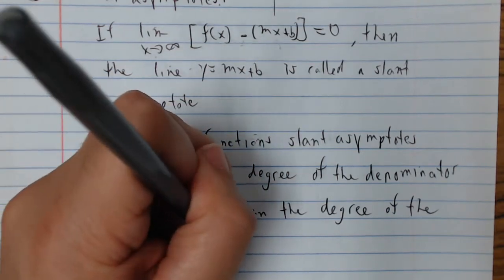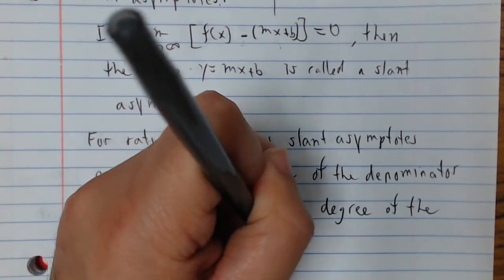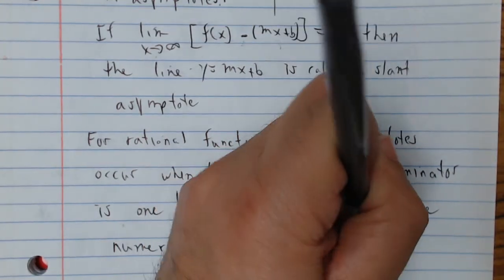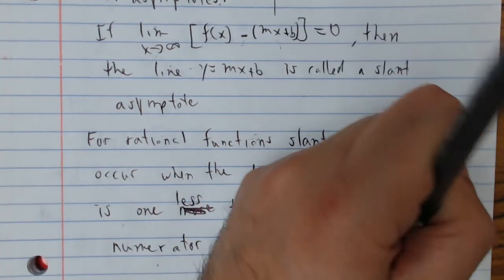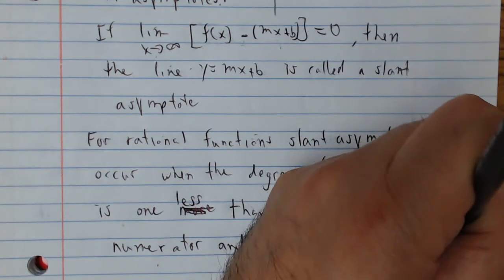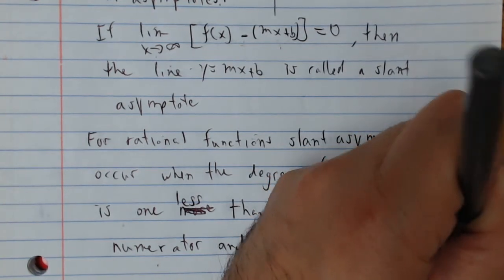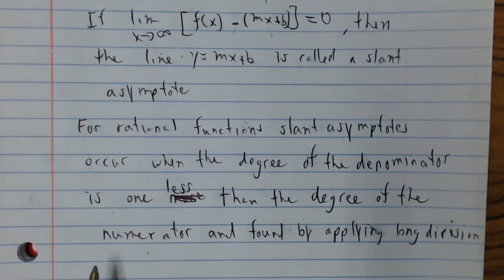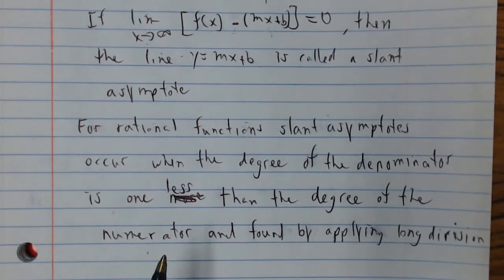And basically, this is found by applying long division. Just to summarize what we did in analysis: if you have a rational function and the degree of the denominator is bigger than the degree of the numerator, then we always have a horizontal asymptote at y equals 0.